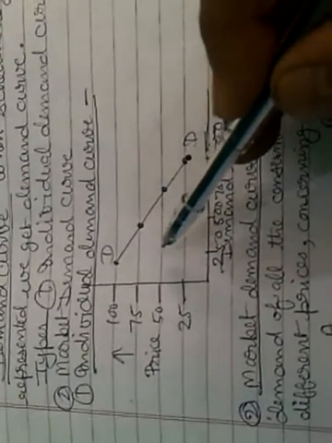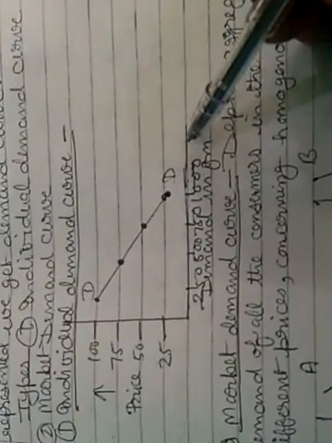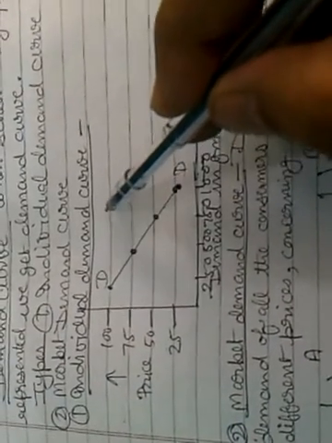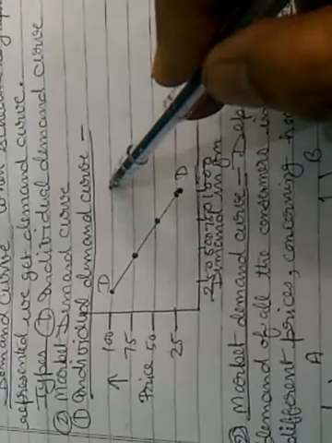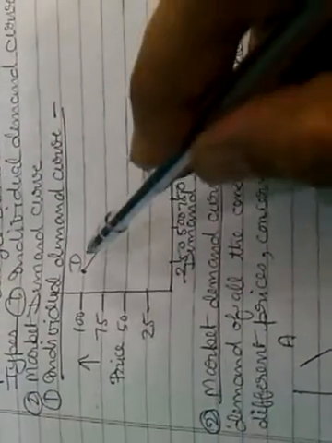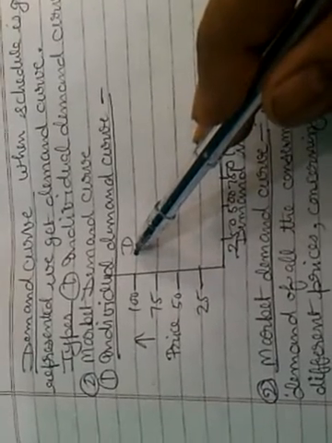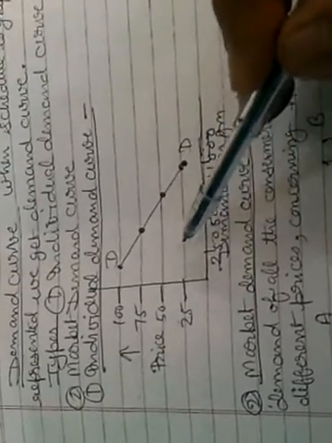We have learned that if any slope, with progress on the x side, comes down on the y axis, from here it is coming to here, this type of slope is called negative slope. It means that as price is going high, demand is decreasing, or on the other hand, if price is coming down, then demand is increasing.